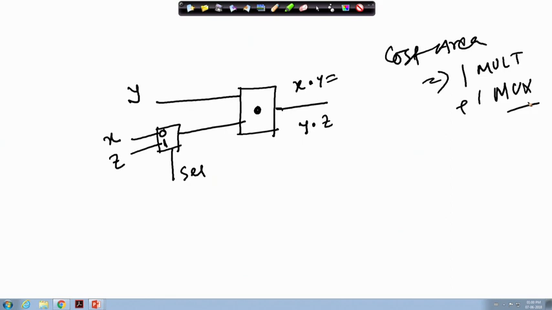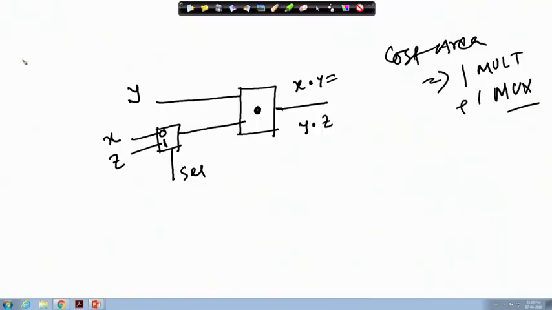So by this method I can reduce the area. This is a simple trick. The functionality remains the same, but using these tips or techniques, I can reduce the cost of the area in this fashion.